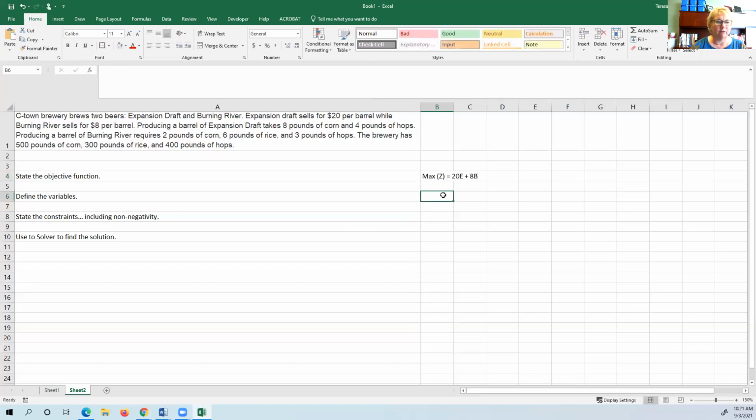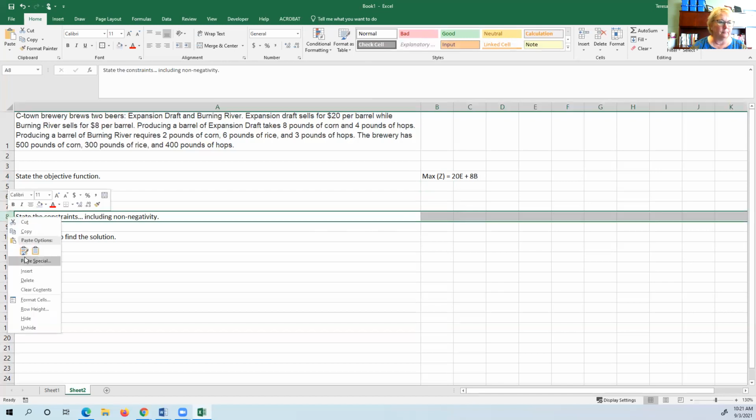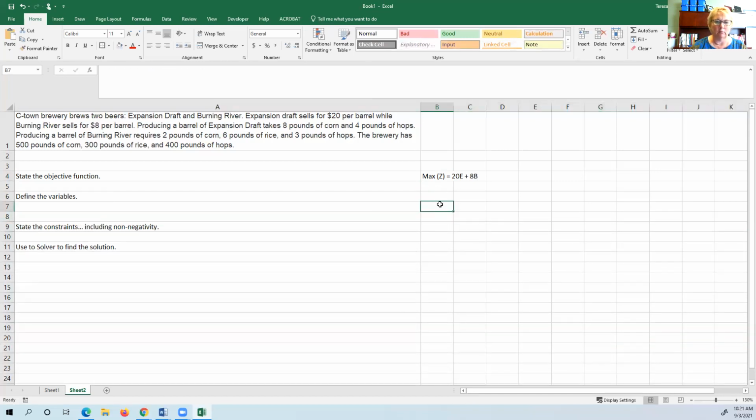Okay, now to define the variables, my variables are E and B. So E is the number of barrels of Expansion Draft, while B is the number of barrels of Burning River.